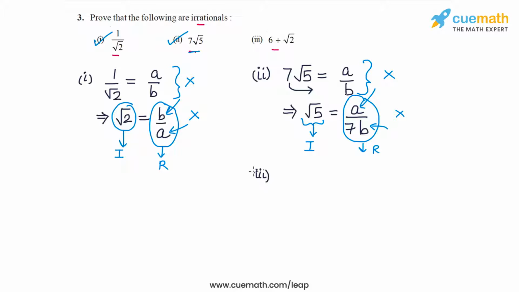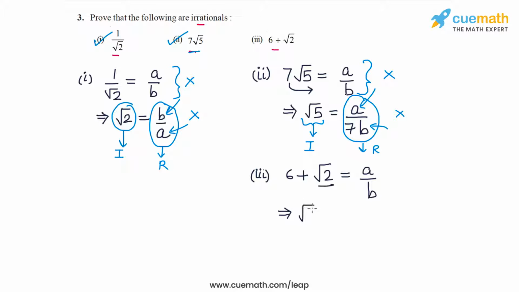So in part 3, the number is 6 plus root 2, and once again let's start by assuming that this number is rational. So it's of the form a by b, where a and b are both integers. Now let's isolate root 2 on the left side.